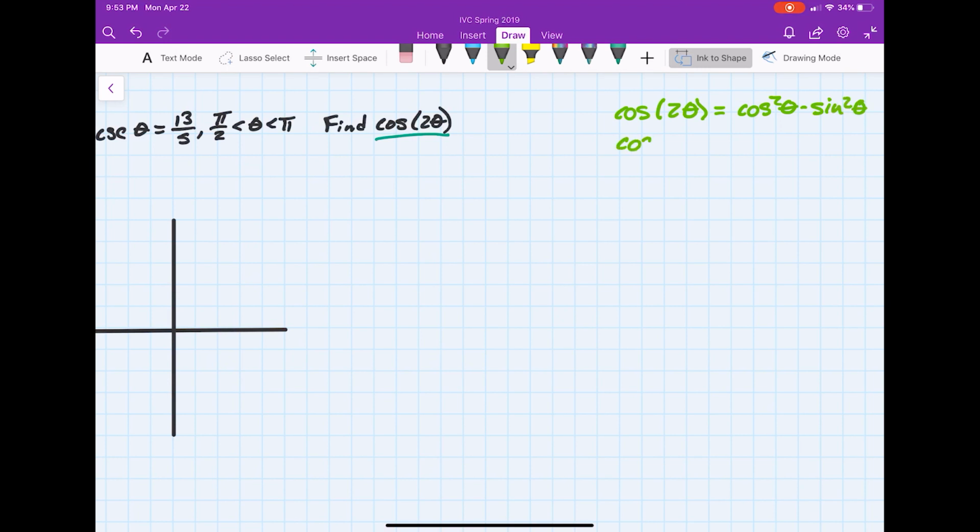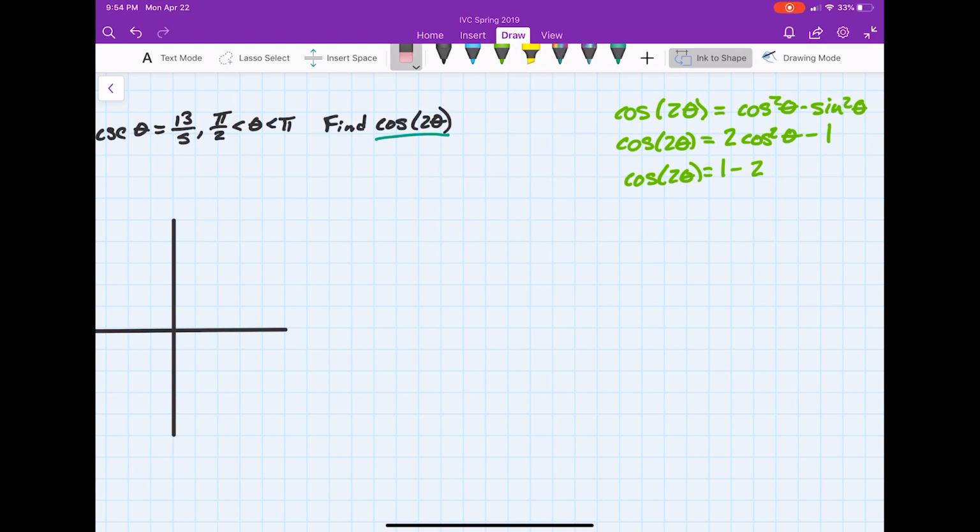Or another identity we could use is cosine 2 theta would be 2 cosine squared theta minus 1. And then the third identity for cosine double angle is 1 minus 2 sine squared theta.